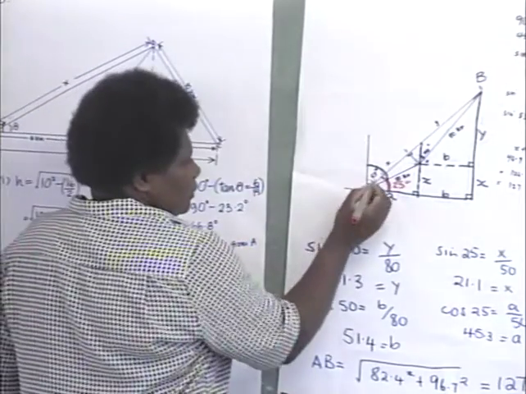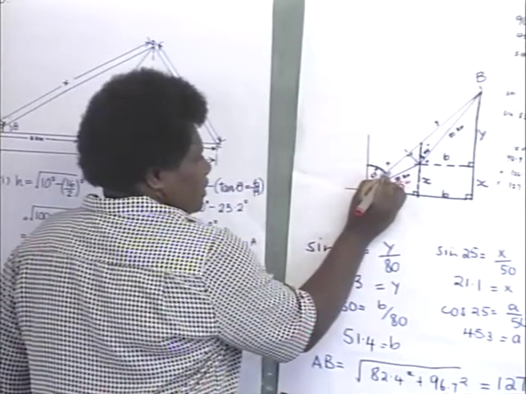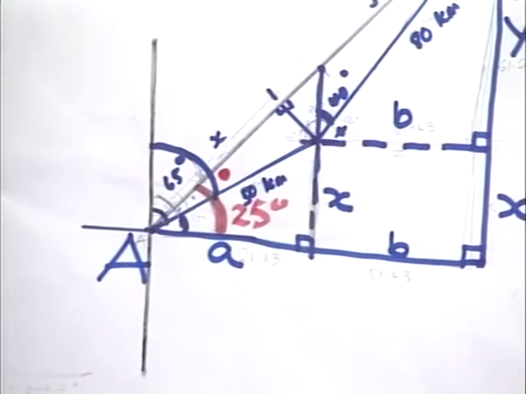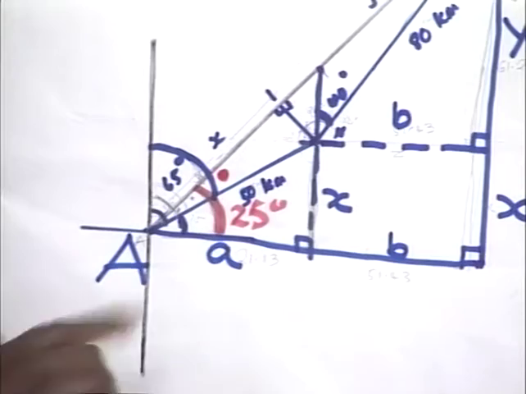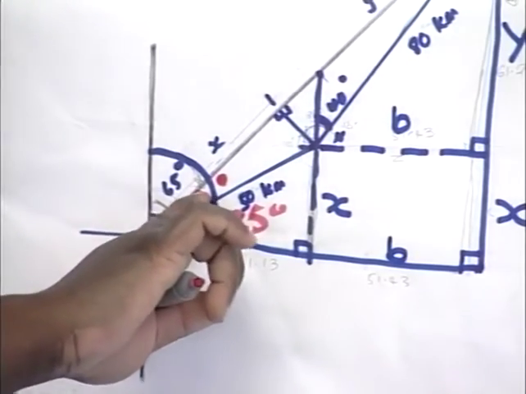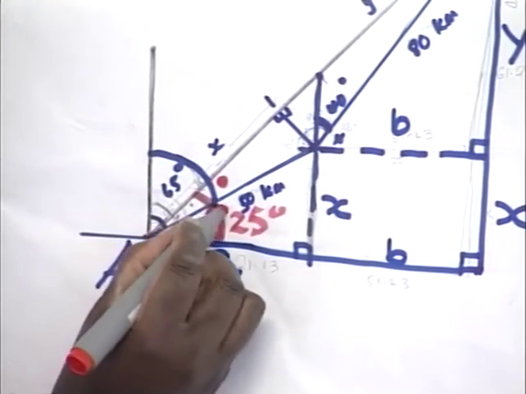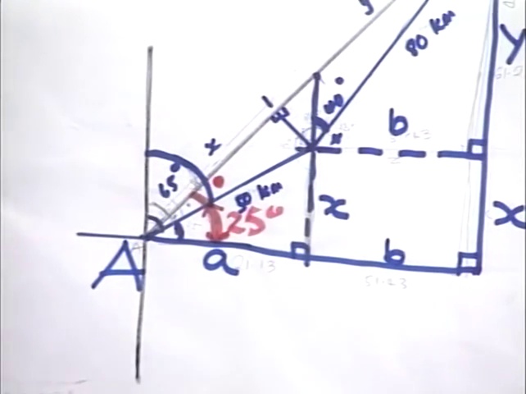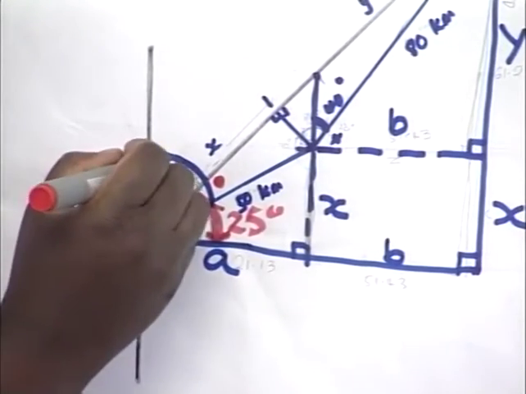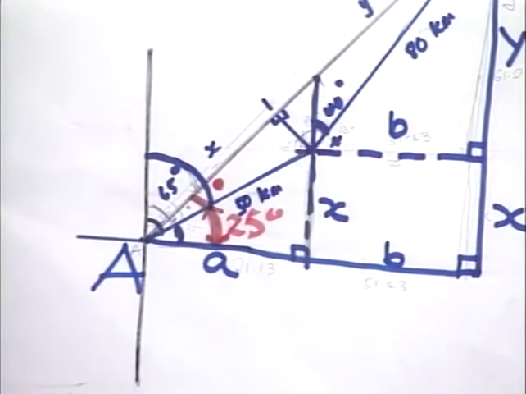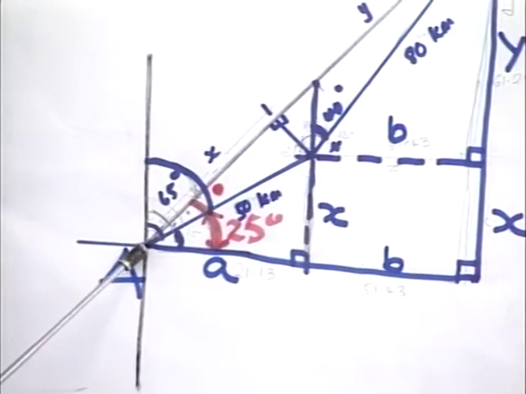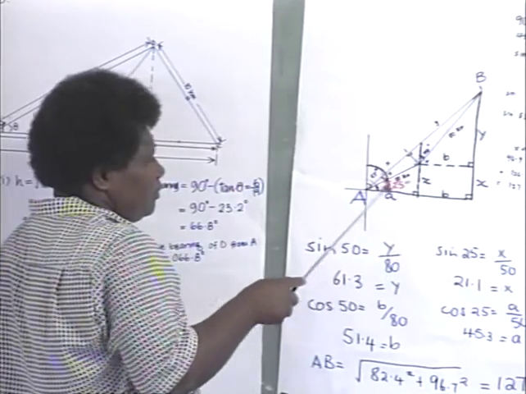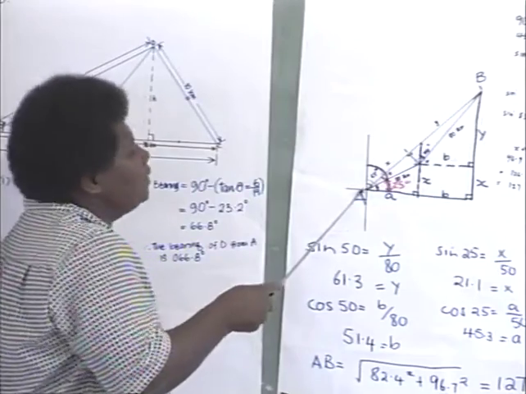This is the one we need to remove from 65 to get the bearing. So please just note, this one is not included in 25 degrees. 25 degrees is, if I can just put arrows from here to here. But I can find the whole angle because that angle is actually an angle in this triangle. Can you see that? Okay.